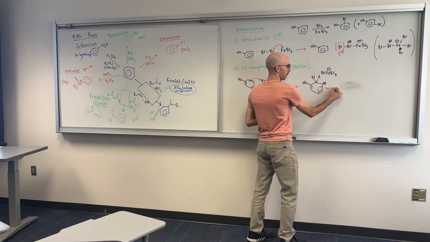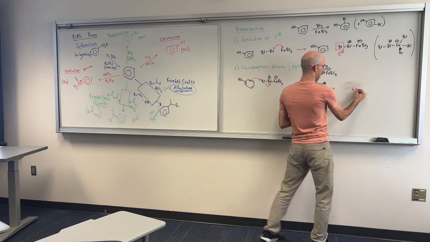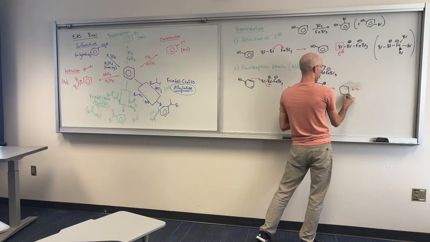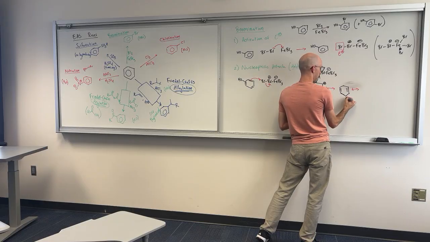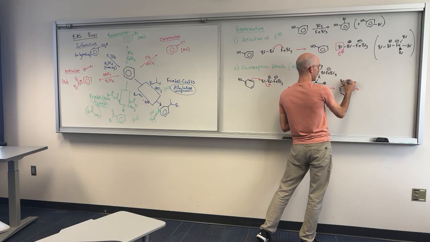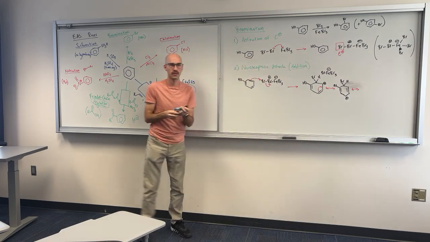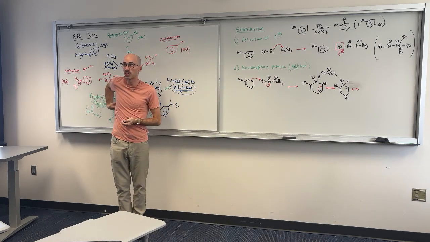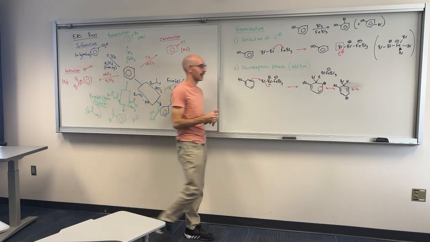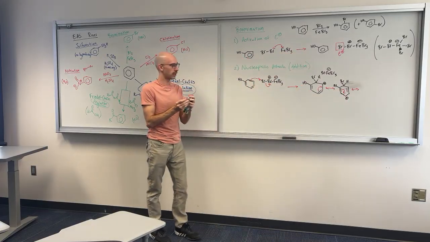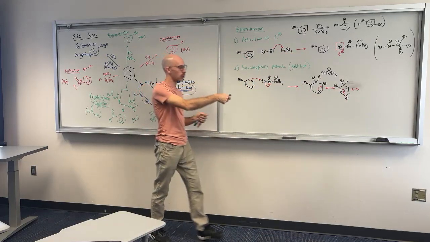Pi bonds move up. I get another resonance form. Feel free to track along with what you've got there. Notice how the bromine and the hydrogen are both shown. Just like in our generic sigma complex, I should get at least one more. Another pi bond moves.